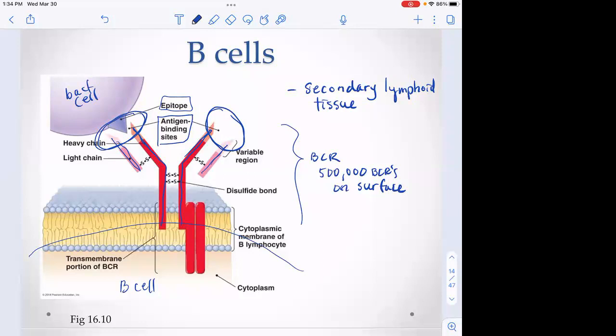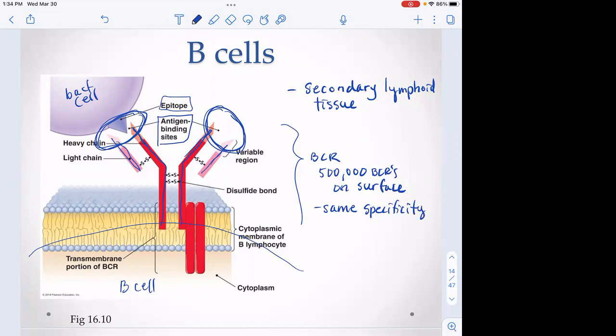Each one of these variable regions has the same specificity. Let's say all those B cell receptors have the same specificity.